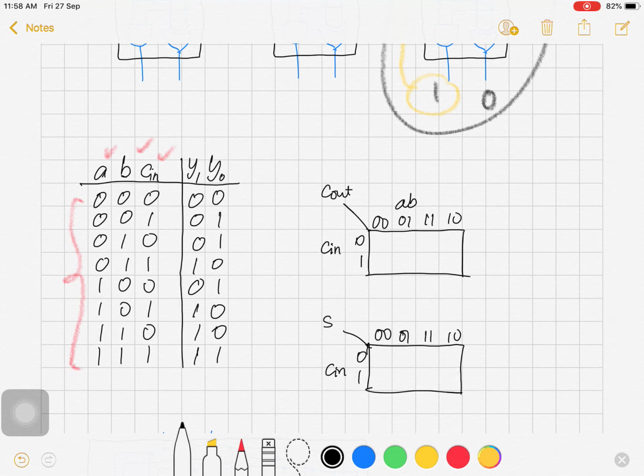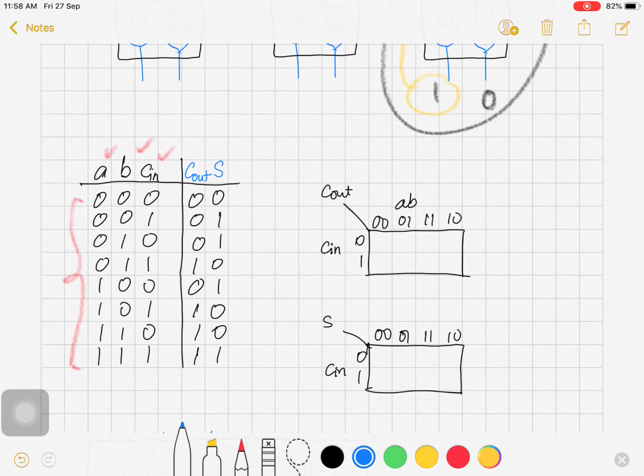Or more specifically, we call Y0 the sum, so this column is sum denoted with S, and this column is carry out, C subscript out.